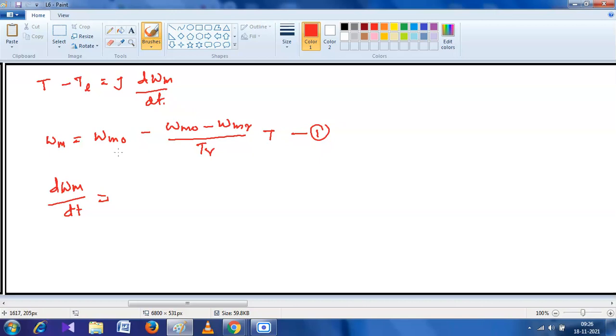This other term is also a constant term because it is the slope. So write it fast: omega mr by tr into dt. After differentiating, we get this.